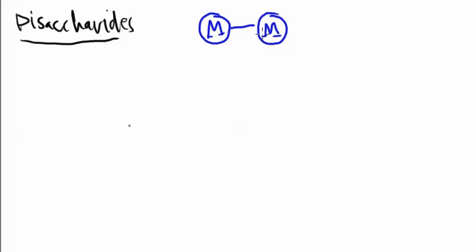It could be an aldose hooked up with a ketose. It could be the same sugar hooked up with each other, but bottom line, it's two sugars that are hooked together by a special type of bond.